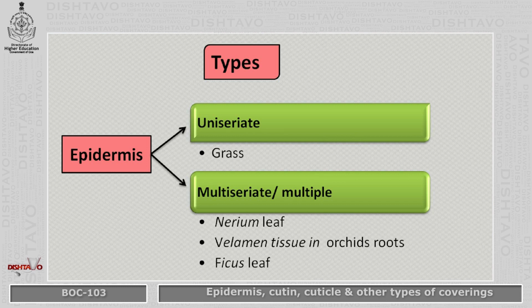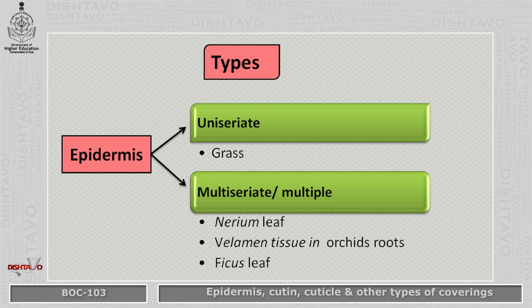Now the types. Usually epidermis is thought to be single layered. All of us believe that epidermis is the outermost layer and single layered. When it is just single layered, we name it uniseriate epidermis, and this single layered epidermis we find in grass species. Second, sometimes it is multilayered, more than 2 layers.